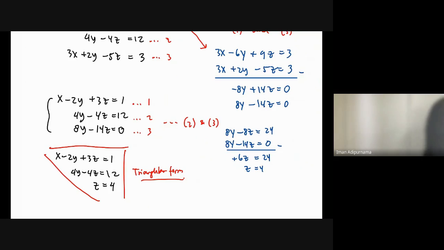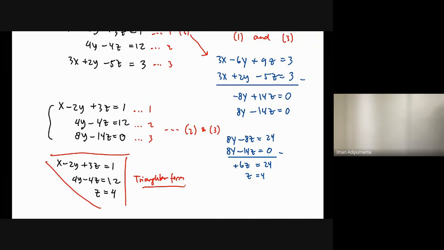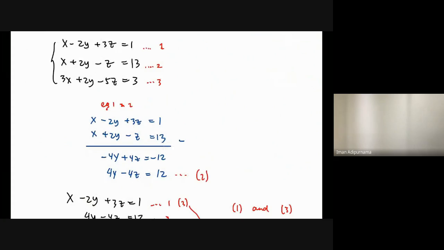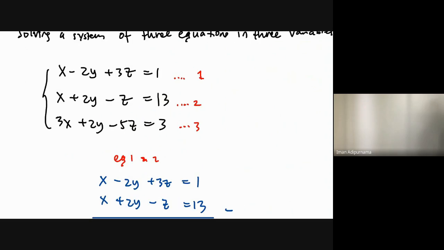So what's the point of doing all of this? Maybe you are saying, oh, maybe it's easy to calculate this and that. Why is this method really efficient? Look here. You have three equations, right? You can exchange one equation from these three into another form.